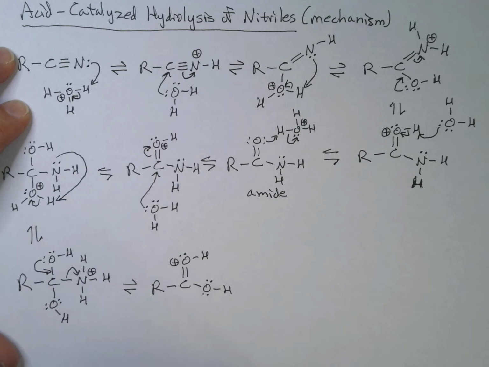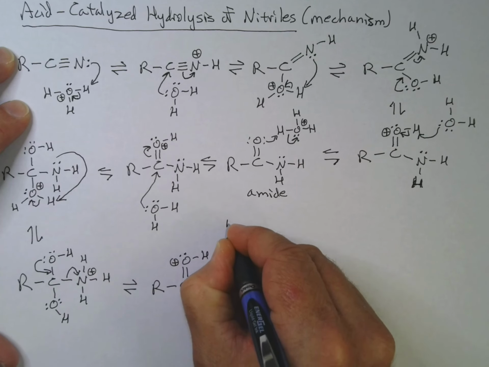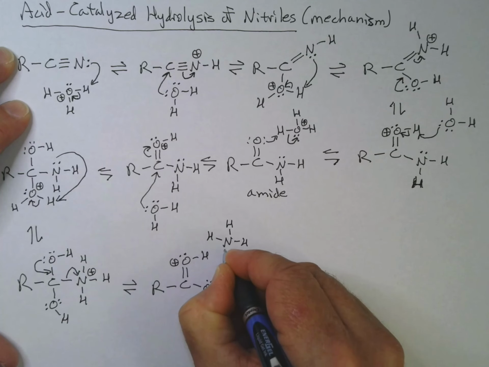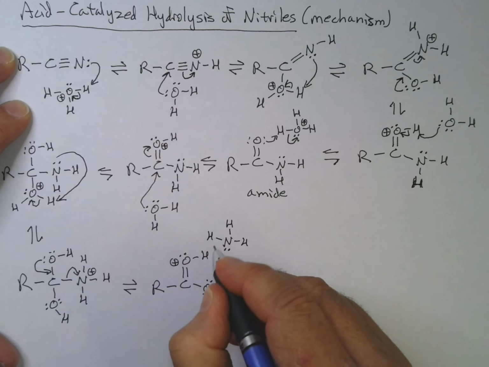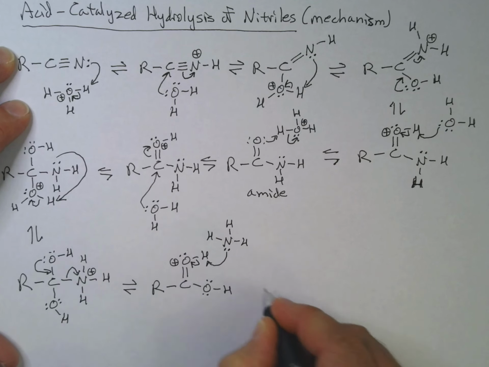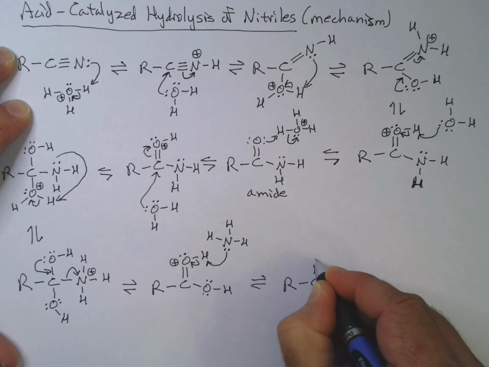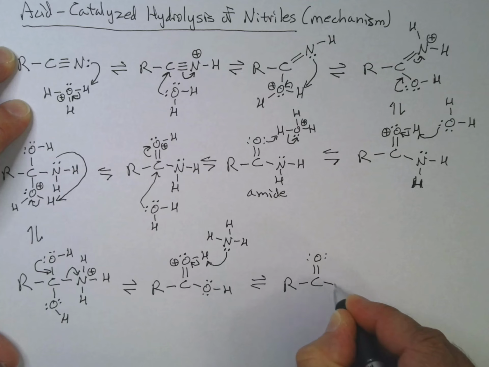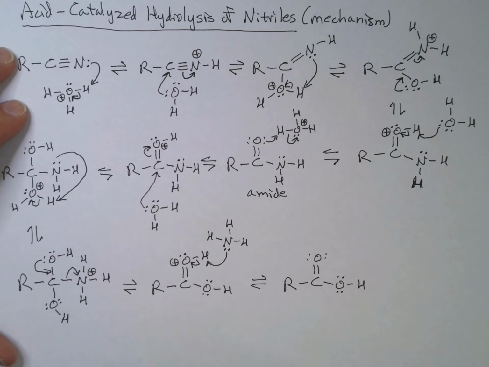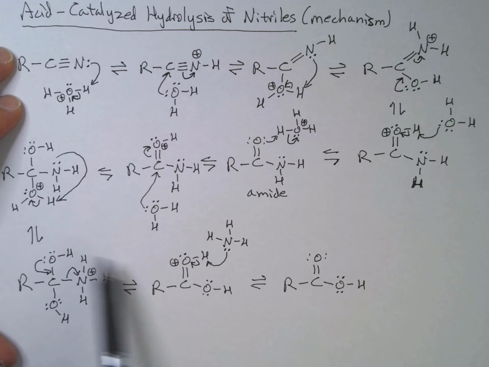My NH3 that I made is actually a pretty good base, so you could have water do it if you would rather, but my NH3 will go ahead and pull that guy off. And I'll get RC double bond O, OH. There we go. So I think this is 10 steps: 1, 2, 3, 4, 5, 6, 7, 8, 9, 10 steps.